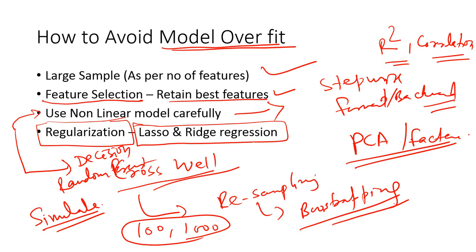We're not going to go into the depth of these regressions, but these are very helpful in cases where you have a small sample but a large number of variables. What it does is that it reduces the coefficient values of many unimportant variables, and that's how you reduce the effect of such a large number of variables, thereby avoiding the overfitting issue.